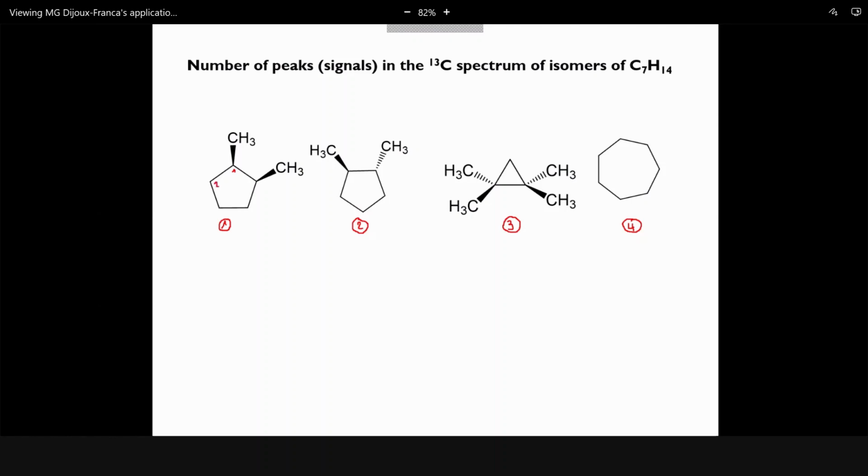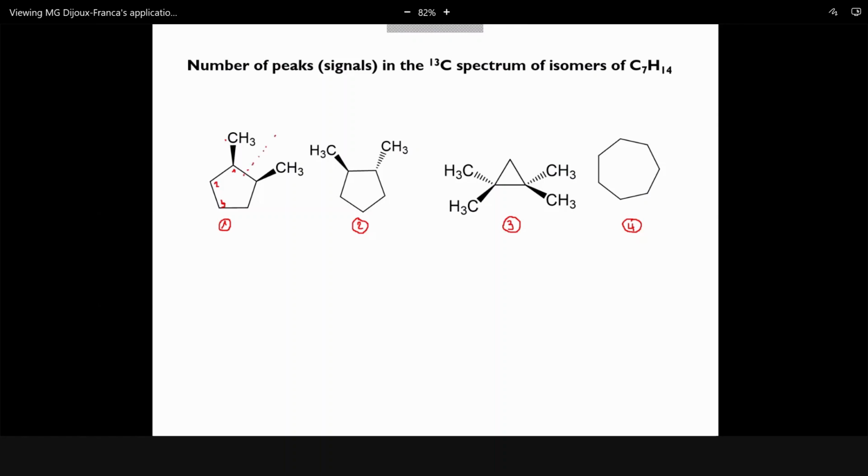You mean that one and that one? Yes. So you mean a signal for each of them? Yes. And what about that? The two carbons of the ring are the symmetry of the other one.